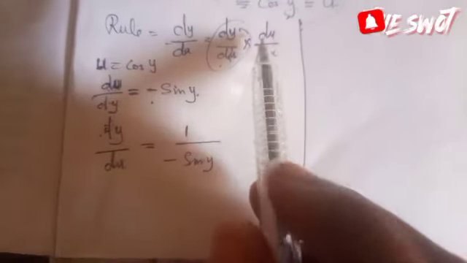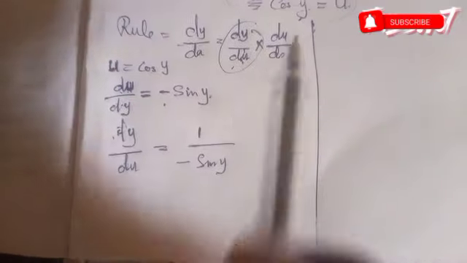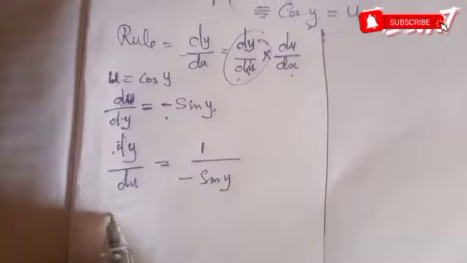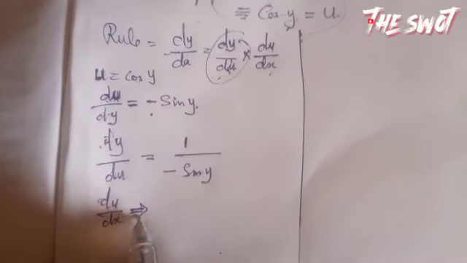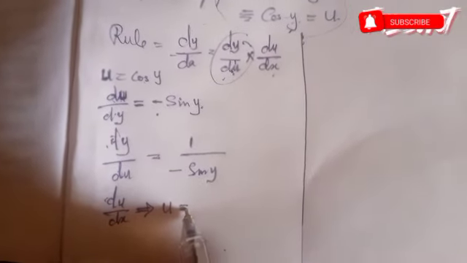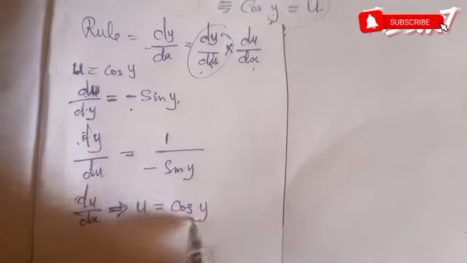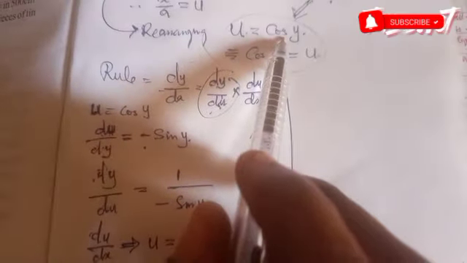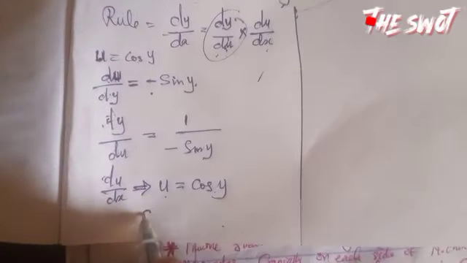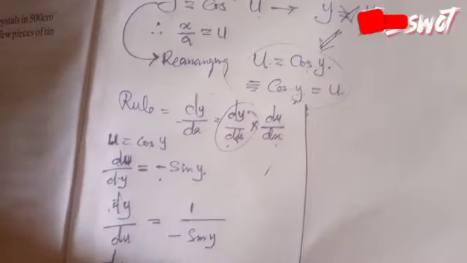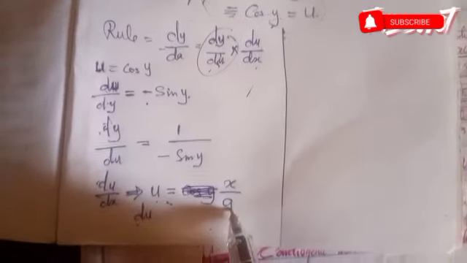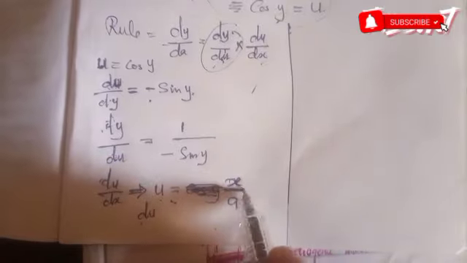The next thing to look for is du dx. How do we get du dx? Our u is x over a.